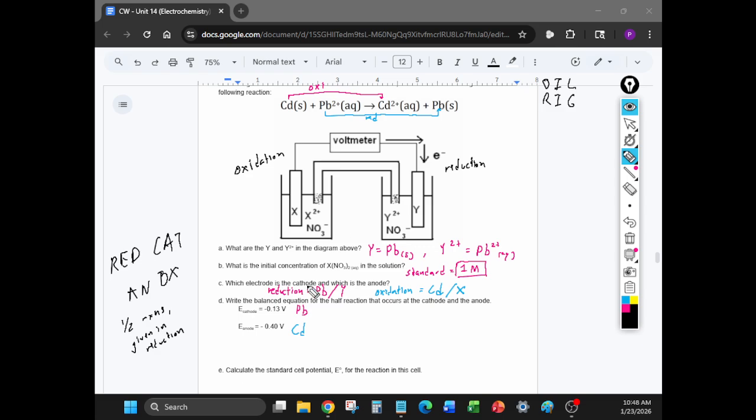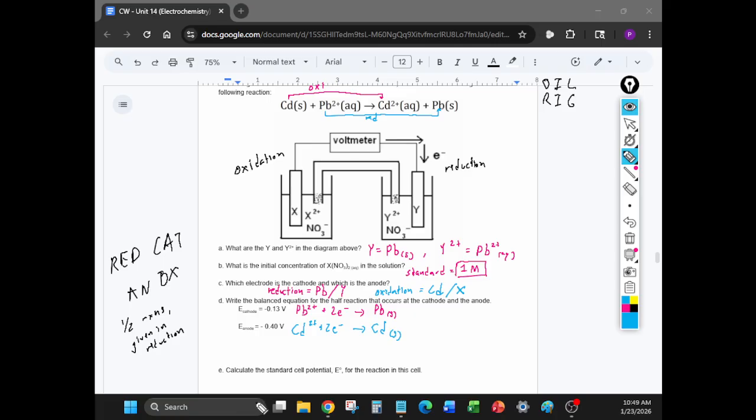So reduction is gaining electrons. So for Pb2+, let's start with that. Pb2+ can gain 2 electrons to become Pb solid. Okay, because it's gaining. Cd2+ can also gain 2 electrons to become Cd solid.